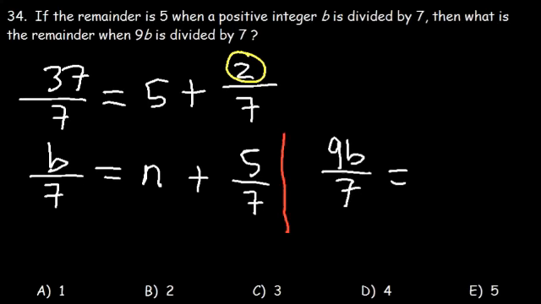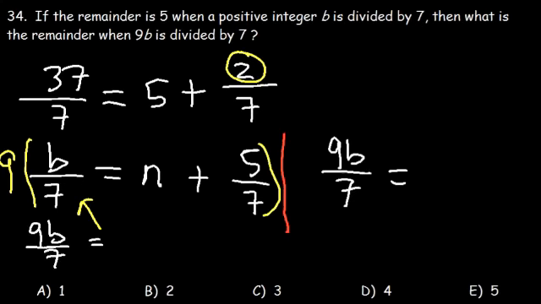So if we compare b over 7 to 9b over 7, basically it's simply 9 times its value. So let's multiply both sides of this equation by 9. On the left, we're going to get 9b over 7, and we've got to multiply everything by 9. So n times 9 is 9n, and then 5 times 9 is 45 over 7.